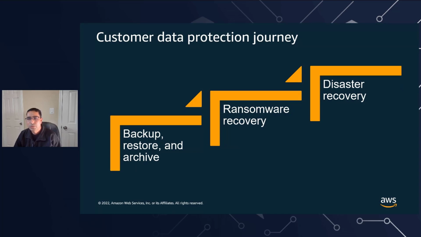Several customers' primary data is hosted in storage arrays such as from Dell EMC, NetApp, or Hitachi. And they may even have homegrown on-premises backup solutions that they buy from Commvault or Veritas. Most of these customers look to the cloud for the backup, right?